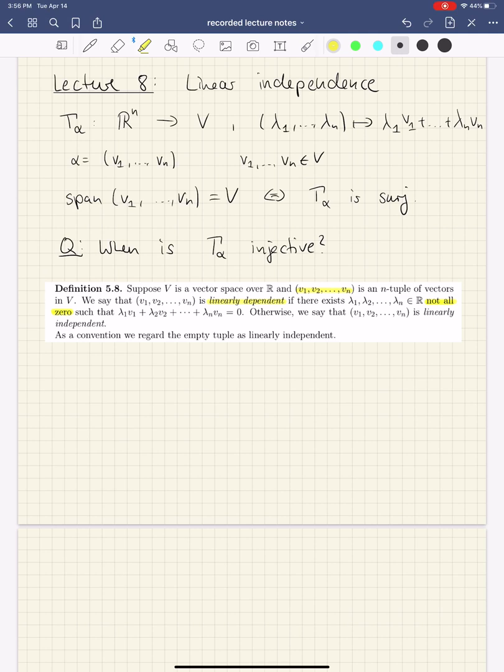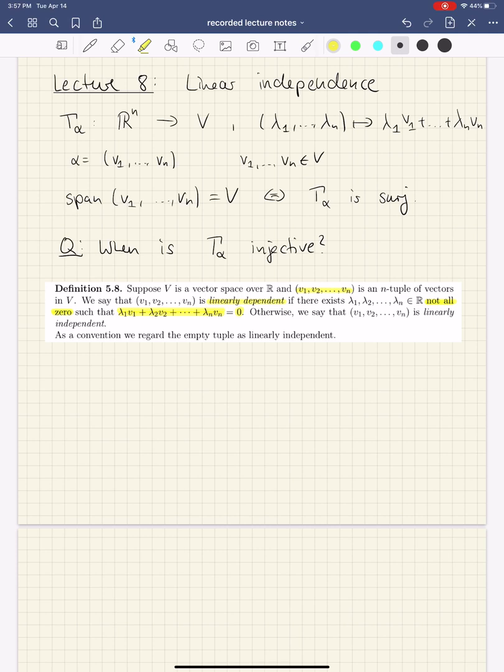So meaning we have a non-trivial linear combination here that is equal to 0. By non-trivial, I mean that not all coefficients are equal to 0. As you can easily see, if all lambda i's are 0, then the left-hand side is obviously equal to 0 because each and every term is going to be equal to 0.